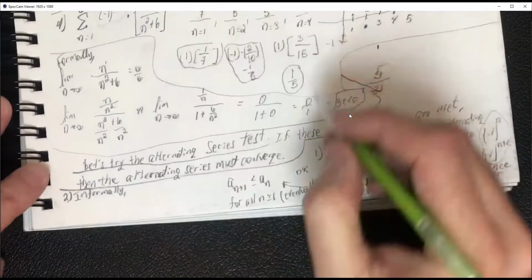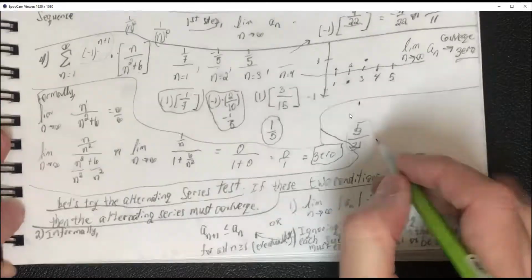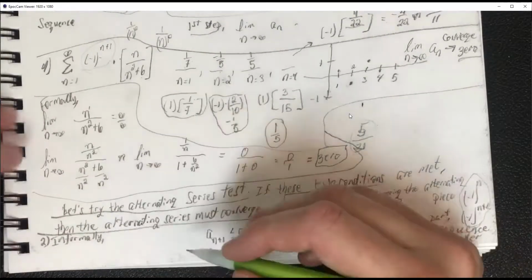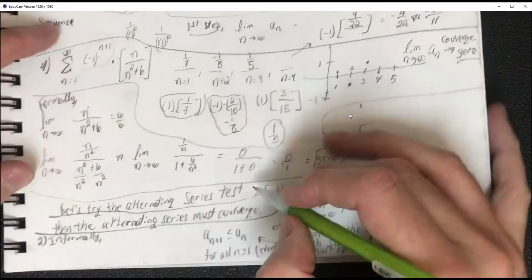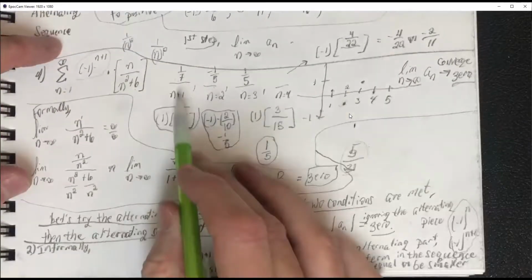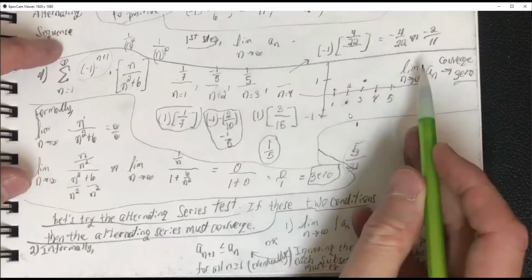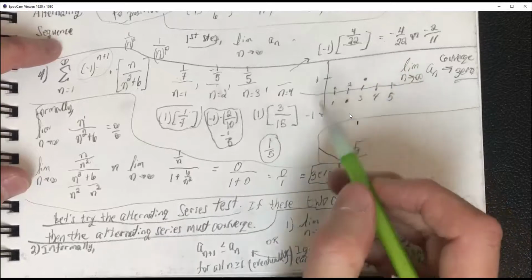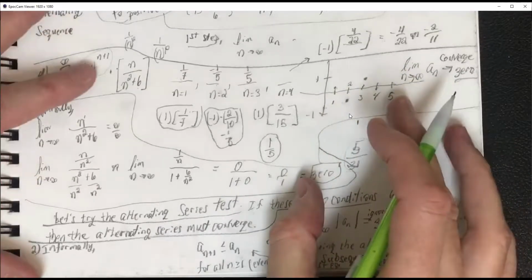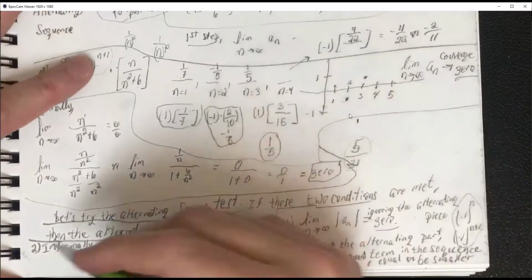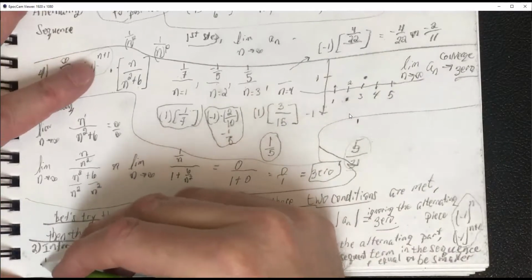And all we're going to do is this. Write the first few terms of the sequence, which we already have, ignoring the negativeness, just the positive values. So, first term was 1/7.